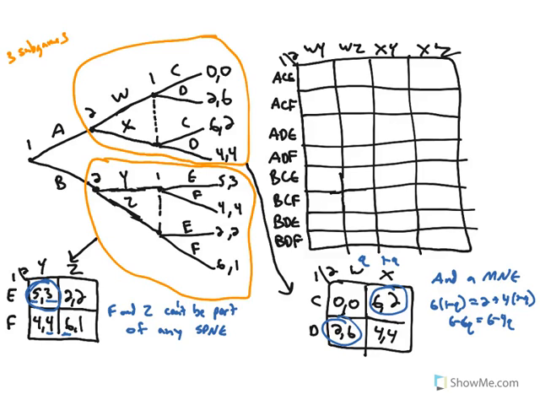I made a mistake somewhere. Oh, sorry. 0 times Q, 6 times 1 minus Q. This should be a 2Q. And a 4 times, okay, cool.